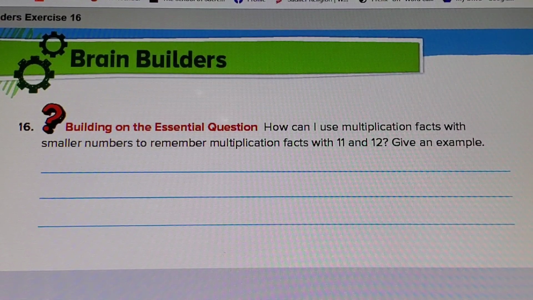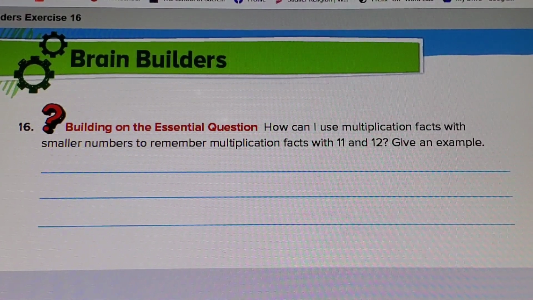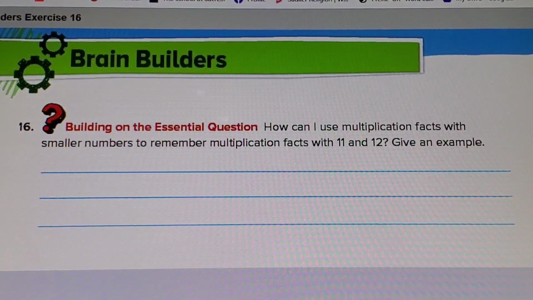Brain Builders number 16. Building on the essential question. How can I use multiplication facts with smaller numbers to remember multiplication facts with 11 and 12? Give an example. Well, think about in the last few lessons what we have done to find a large number when we multiply by a large number.